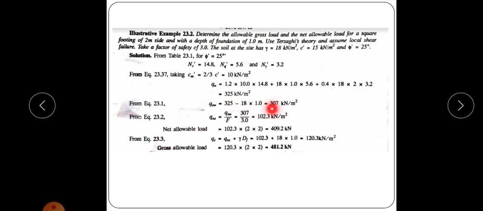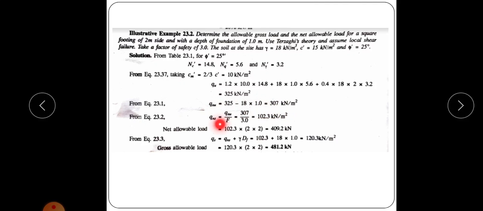You studied that in the first lecture, the bearing capacity equation definitions: qu is the ultimate bearing capacity, and the net ultimate bearing capacity qnu is equal to qu minus gamma Df. Substituting the values, we will get 307.